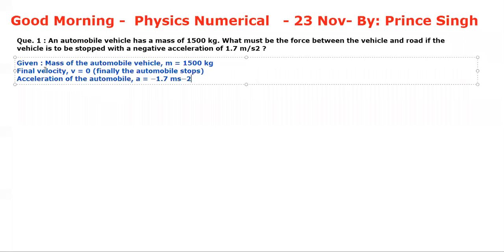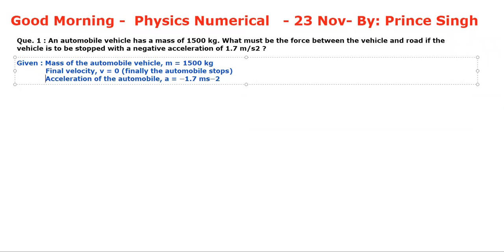So these are the given data. Mass of automobile, that is m, equals 1500 kg. Final velocity, because the vehicle has finally come to rest, so v, the final velocity, is equal to 0.